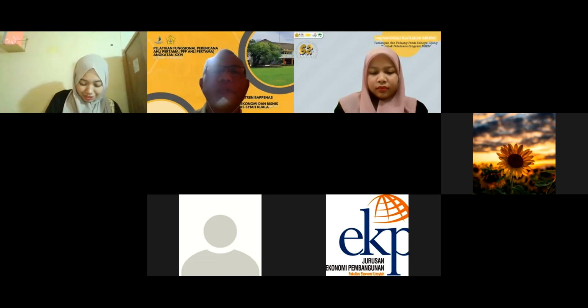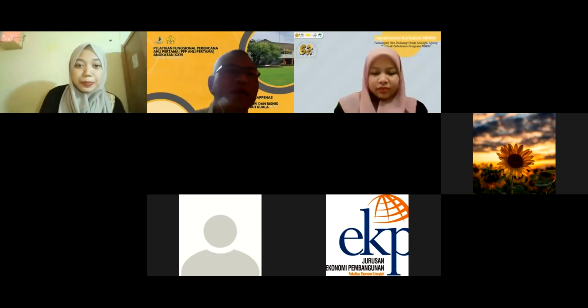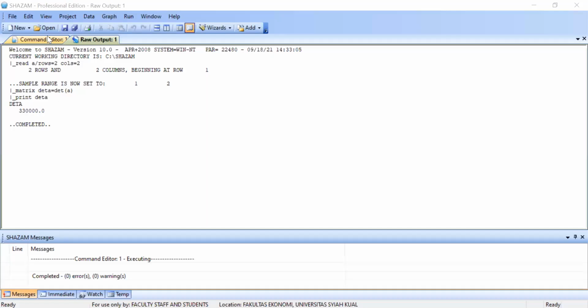Okay, so this is the correct answer, and this is the determinant. And then we can calculate the inverse. Let me show you the inverse here.